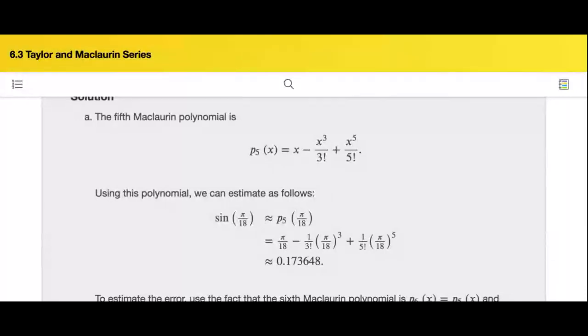More like Taylor series, because Maclaurin series is centered at 0. Let's see, square root of 5, or square root of 4.1. We want the center to be 4. We don't want the center to be 0, because 4.1 is far away from 0. Okay, any other questions?